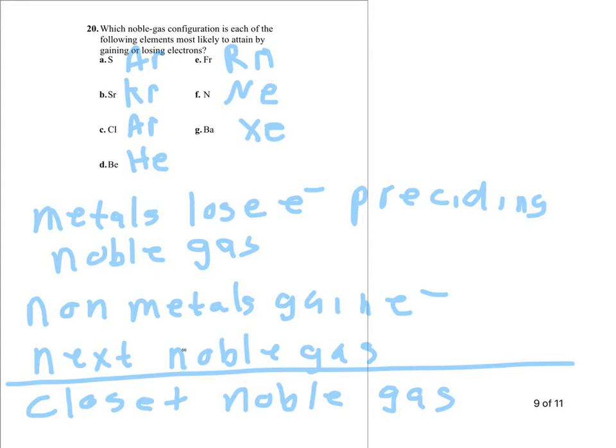Chlorine, right next to argon, so that's where it's going to go. It's going to gain 1, move up to argon. Beryllium, closest to helium, it's going to back up 2, lose 2 electrons to go to helium. As with all of these, and everything we do on here, if after my explanation on the video you still don't understand something, make sure you ask.